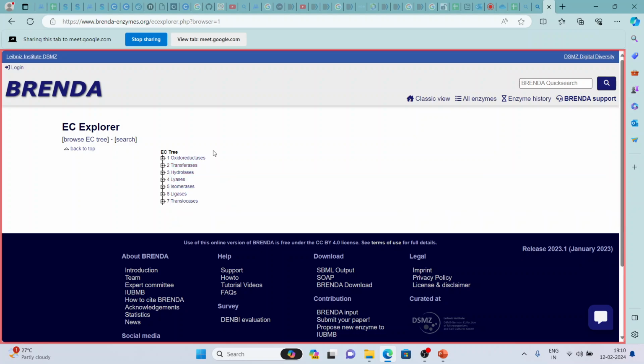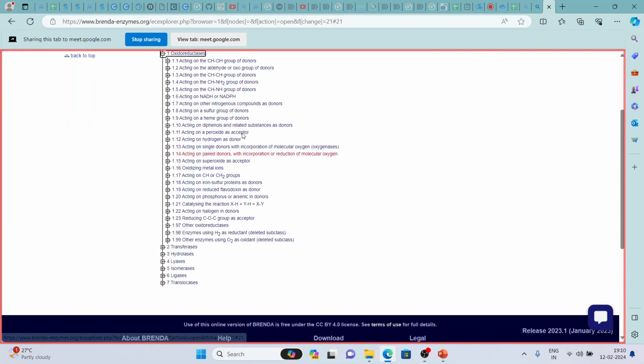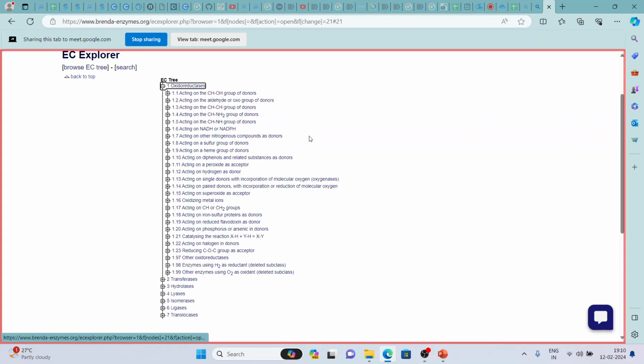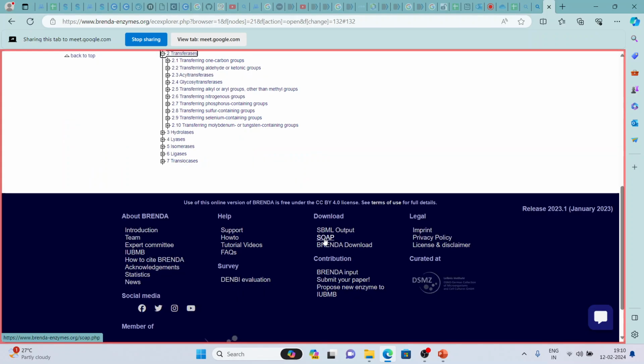So these are the different kinds of enzymes based on the function that I had mentioned, like hydrolysis, transferases, oxidoreductases. So if we go to one of these, we have, based on the kind of donors and acceptors and many other different categories, subclasses.